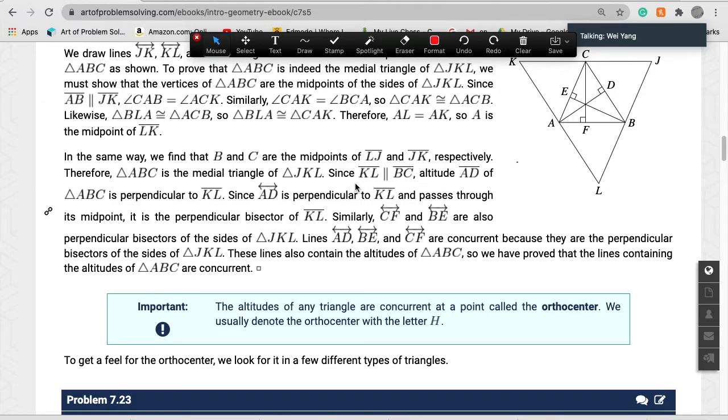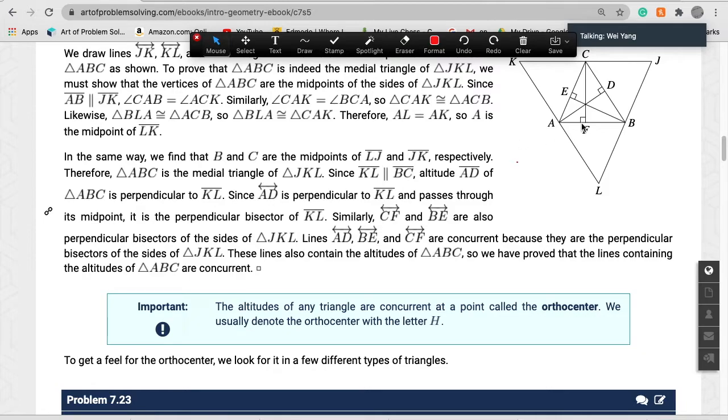Then since KL, this one, is parallel with BC, altitude AD of triangle ABC is perpendicular to KL. Because AD is perpendicular to BC and BC is parallel with KL. So that means AD is also perpendicular to KL, right?